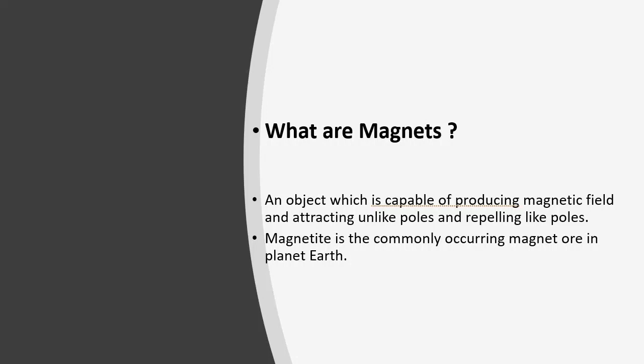How do they work? For that, I will first discuss what a natural magnet is. A natural magnet is found naturally in the earth's crust, which we call magnetite. Although it is called magnetite, there is a problem in it. Magnetite is naturally occurring, which means it should have a formula.